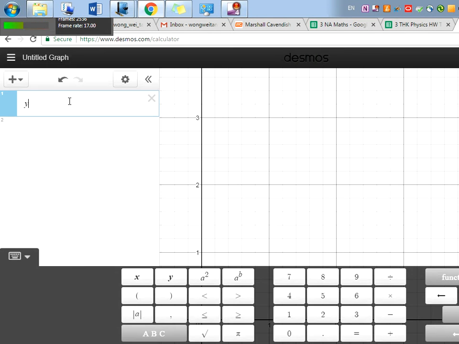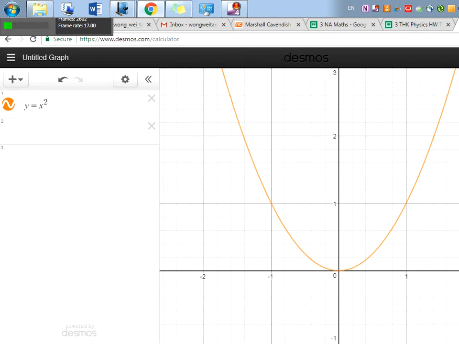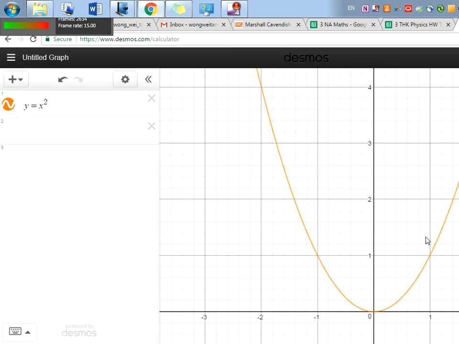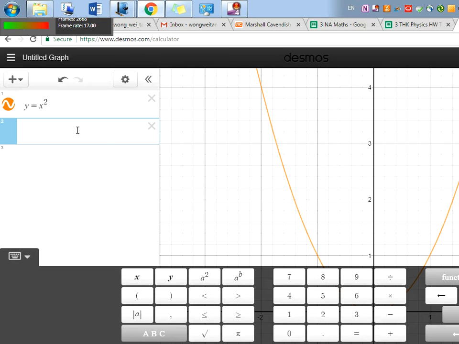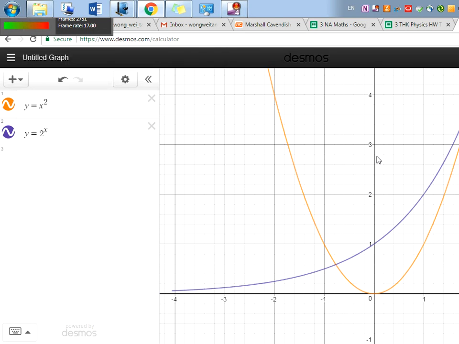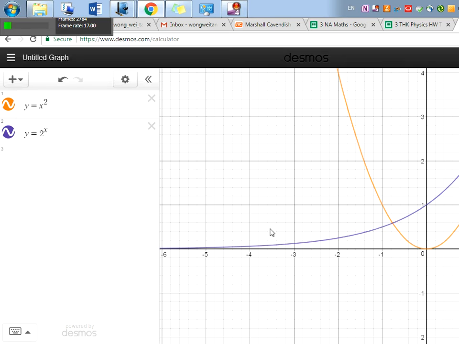Now, first one, y equals to x squared. Okay, the orange one. That was the first graph that I had. Now the second one, y equals to 2 to the power of x.